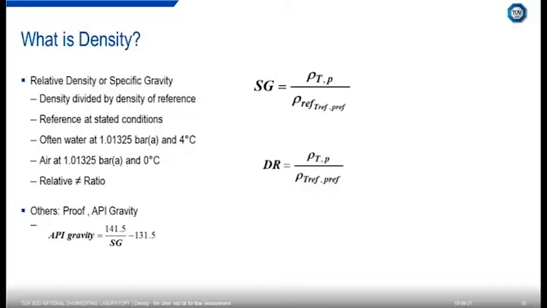Proof is used particularly in the alcoholic drinks industry, API gravity in the oil industry, and there are, of course, equations for converting between the various units of density. So, for example, API gravity can be related to specific gravity by the equation on the bottom left here, and then, of course, from specific gravity, you can get to absolute density from the equation on the top right.